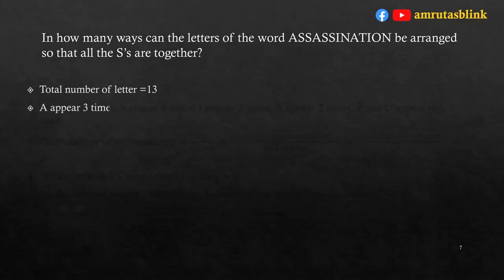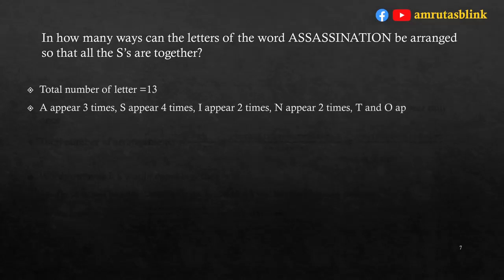Now you need to count all the letters very carefully in this word because many letters are there which are repeated. So A is repeated 3 times, S is repeated 4 times, I is twice, N is also twice, and T and O appear only once.